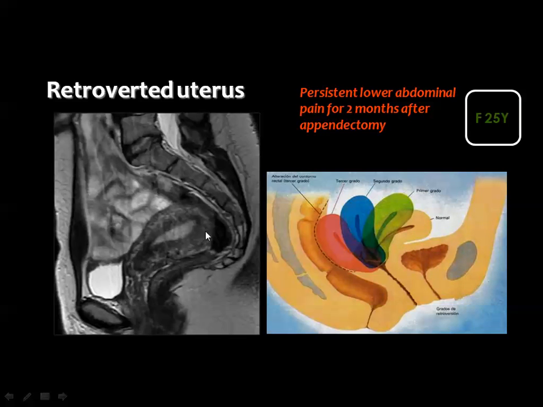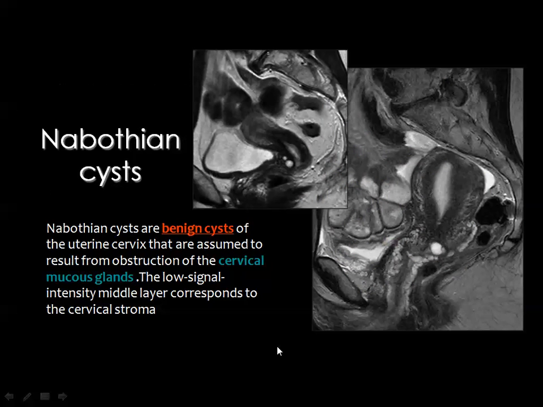But you see here, this is the uterus, which is totally anteverted, lying in the presacral area. This will not interfere with the pregnancy, for example, and it will not produce any symptoms.